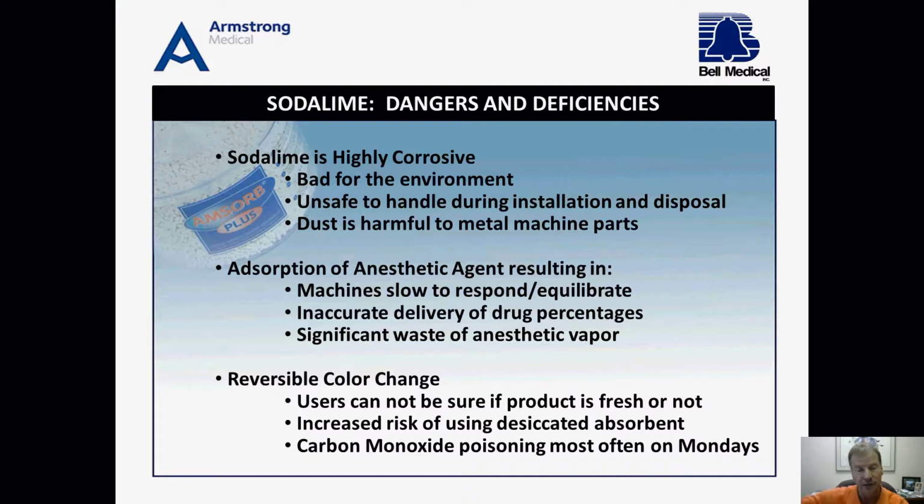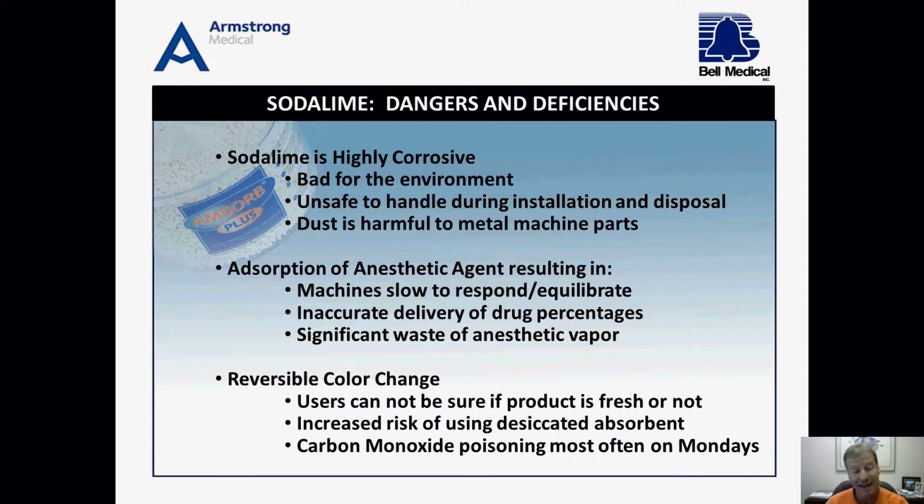So when you dial in your anesthetic agent, which might be sevoflurane or isoflurane, as it passes through and gets circled around in that circular system, it adheres to the CO2 absorbent. So you might dial in 2% of anesthetic agent, but the monitor only shows 1.5%, and part of that agent is getting adsorbed by the soda lime.